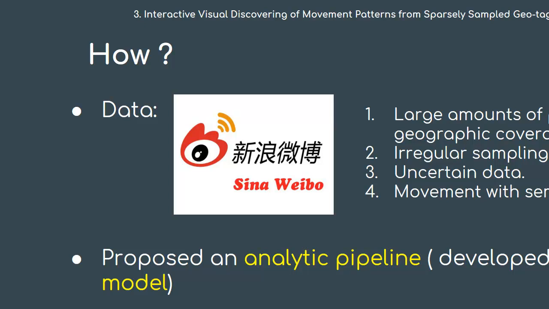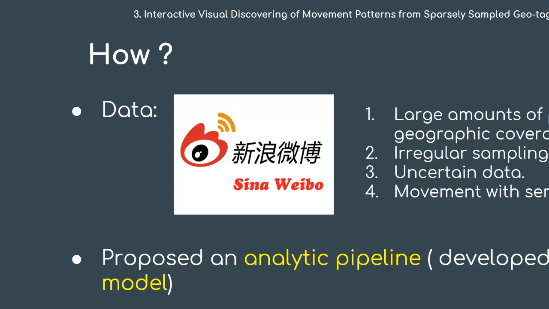So the movements of the users are hard to track. That may be caused by the different posting habits of the users and the uncertain data, because there are many uncertainties in the data set.